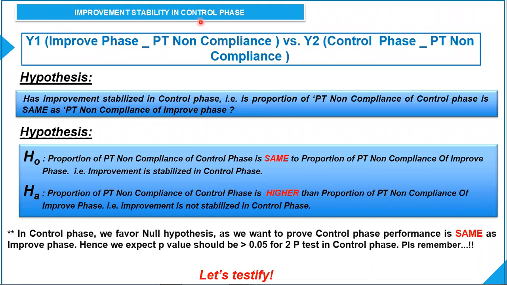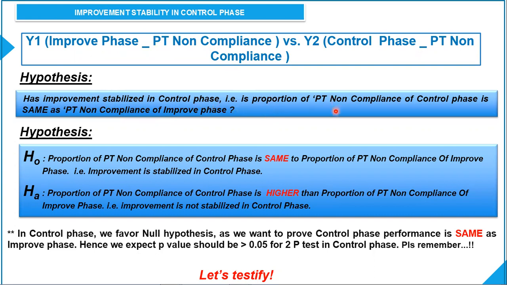So, improvement stability in the control phase. Here we have two separate samples: Y1, that is improve phase PT non-compliance, versus Y2, that is control phase PT non-compliance. Now, what is our hypothesis? Has improvement stabilized in the control phase?